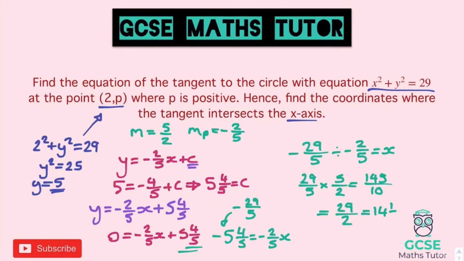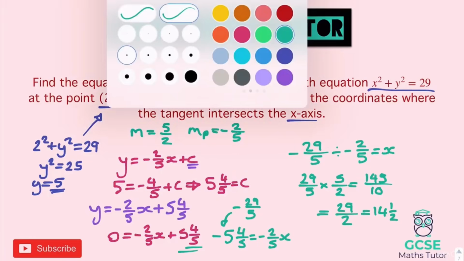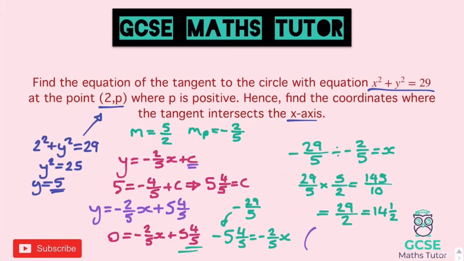So a little bit harder than the last one, because our x coordinate is a decimal or a fraction, whichever way we want to look at it. So we can write our coordinate now, which is 14.5, 0.